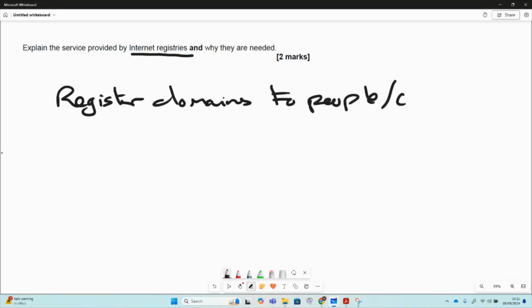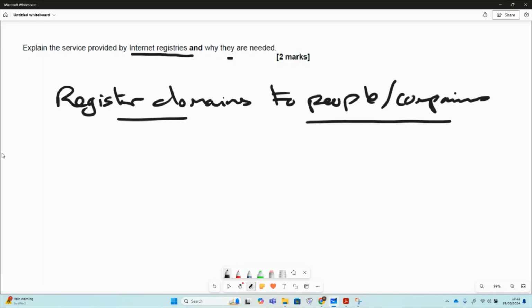That could be companies, so some kind of entity. So organizations, companies, people. So actual people or companies. You've got to say this. You've got to say that they register domains to these people. It's not enough just to say that they register domains. It's not enough to say that they just store domains. They store a list of domains and who owns them, but they don't just do storage.